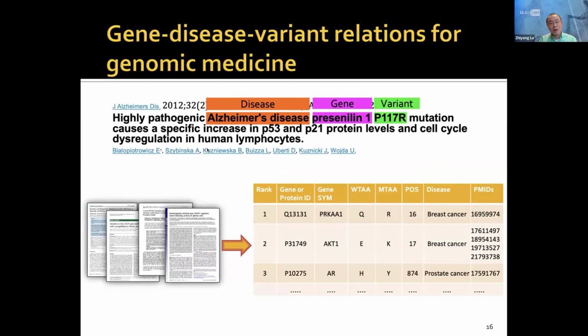But in the current system version, we're also indicating that there's a relationship between the gene and disease as well as with the variant. Now, obviously, this is a toy example, so the relationship between these 3 entities is very obvious to you as well as to the computer.